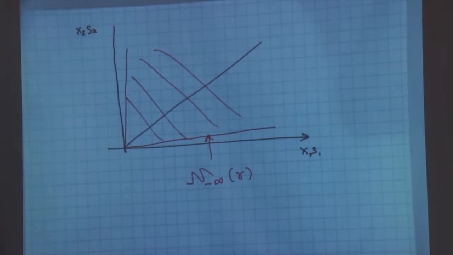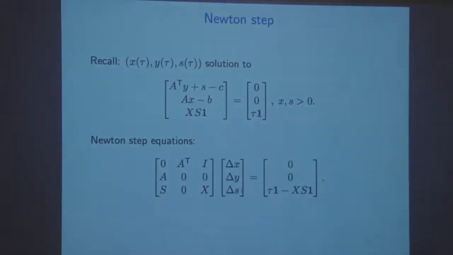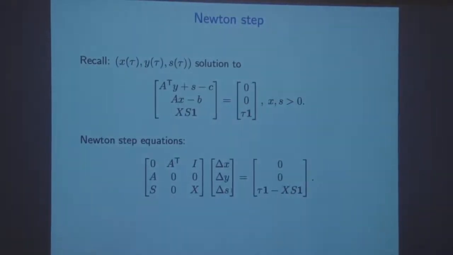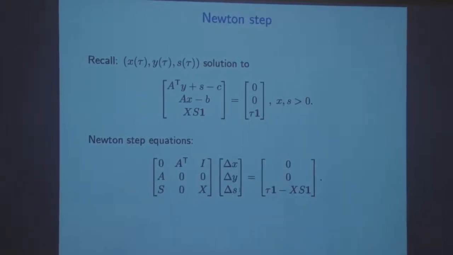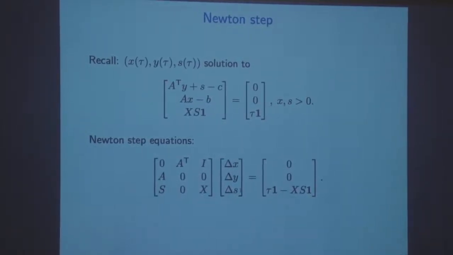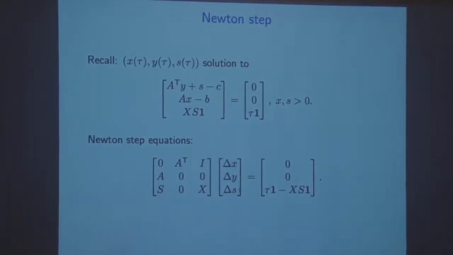Maybe there's only one more key ingredient. The central path, again, are the points defined by those equations: primal and dual feasibility, and the third equation is some perturbed version of complementarity. And of course, x and s are greater than 0.